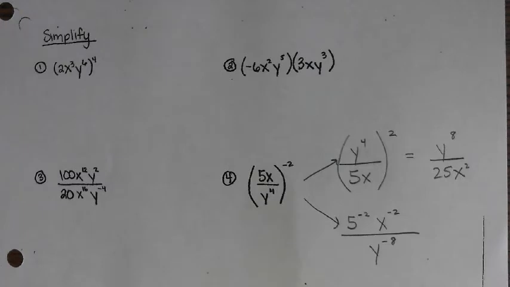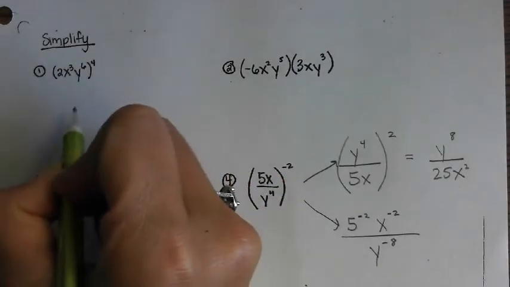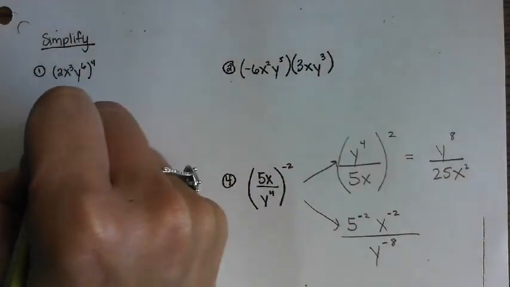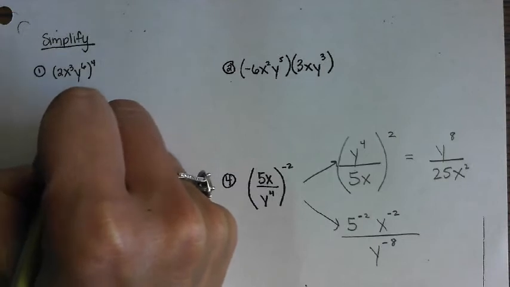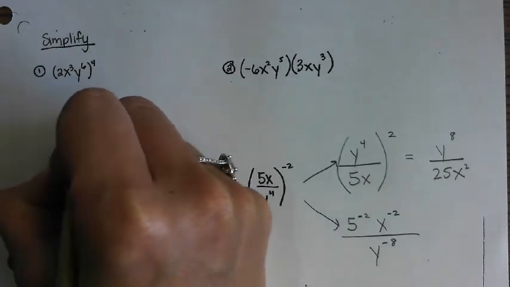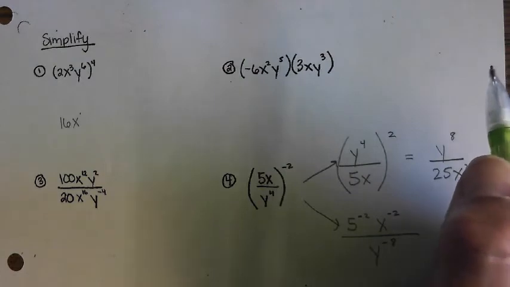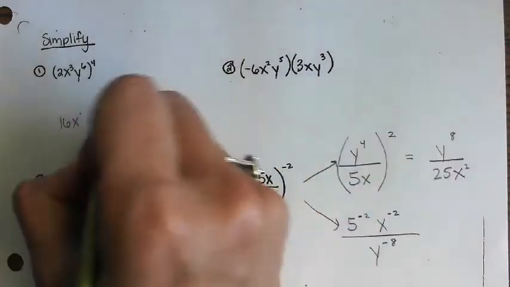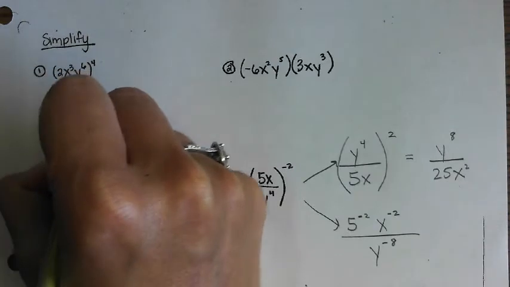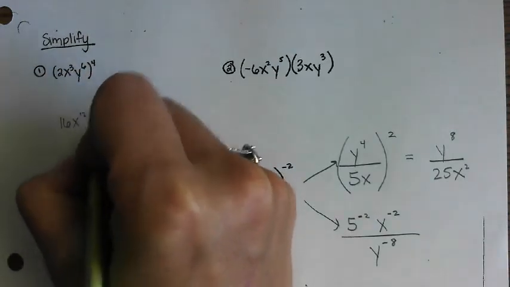All right. Aiden, what did you get for number 1? Final answer? Say it one more time. Y to the 24th?